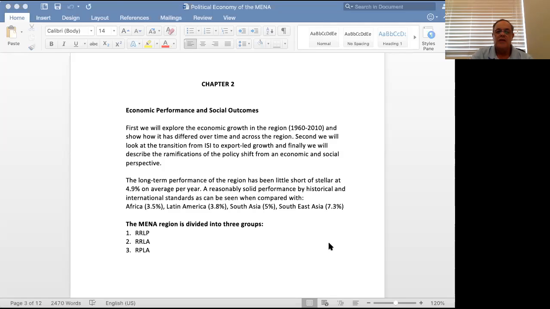Those are the 6 countries that are members of the GCC, the Gulf Cooperation Council.